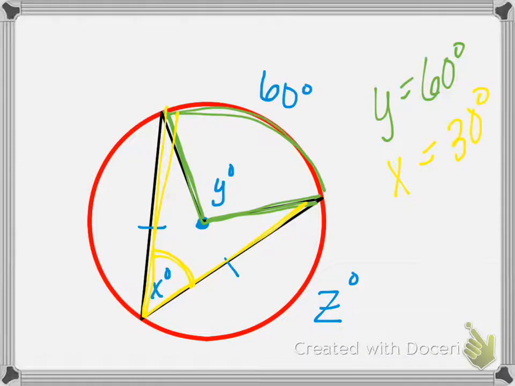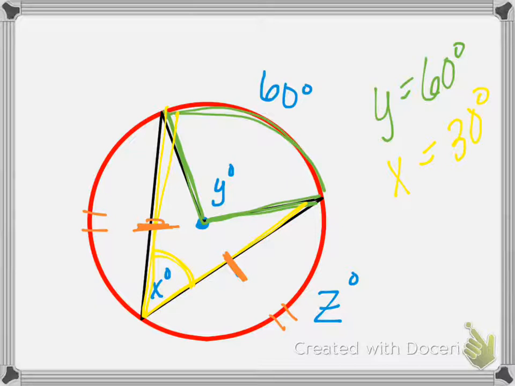So now I have to find z. To find z, I look and I think, okay, well, here's a clue. This and that are congruent. Well, I know that congruent chords have congruent arcs. So I know that these two arcs are congruent. Again, pause if you need to try to figure it out yourself.